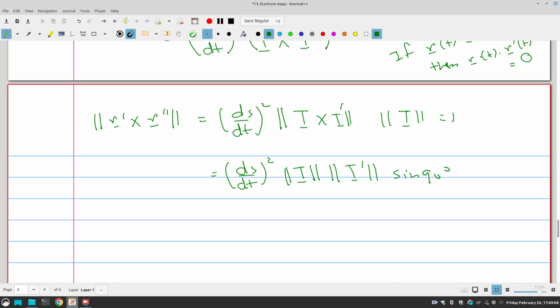I'm sorry, T is a unit vector, but there's no guarantee that T prime is a unit vector. So this is ds over dt squared times the magnitude of T prime.